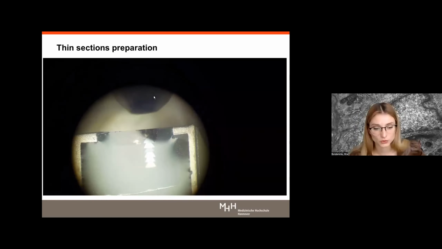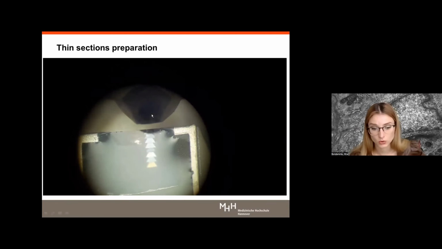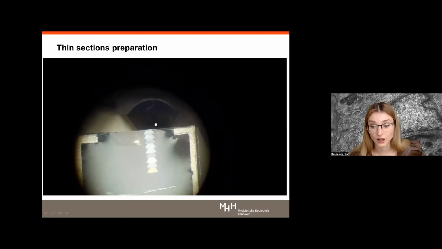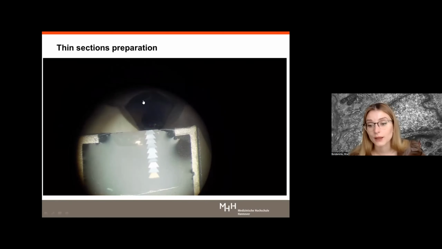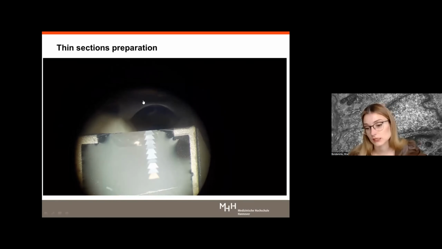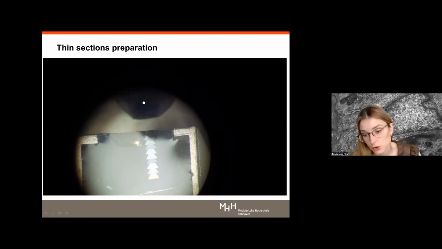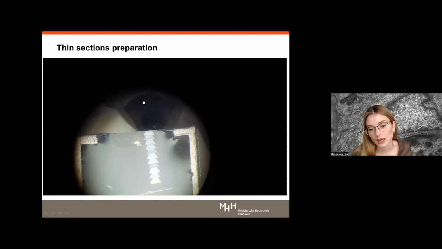So this is how it appears. We have a resin block, and here the black colored particle is our sample. Why black? Because during processing we use osmium tetroxide, and as a result a lot of heavy metals impregnate different structures of our sample.